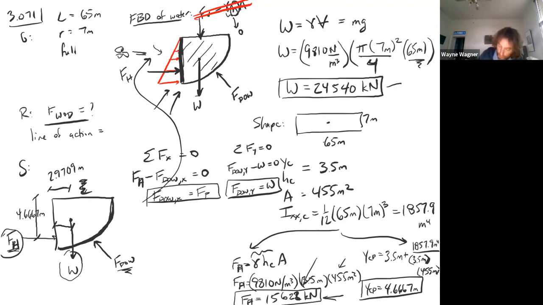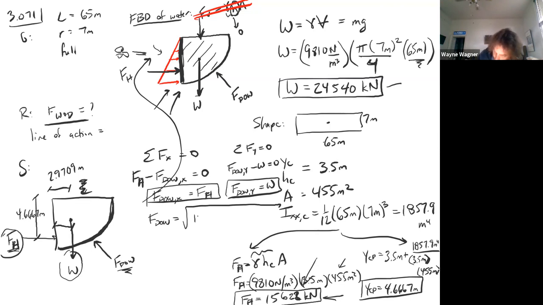And obviously if we want to solve the resultant, F dam, we can do that real quick. F dam equals the square root of FP squared plus weight squared. I'm going to plug in the x component, which is FP, or FH, sorry. Here we go.